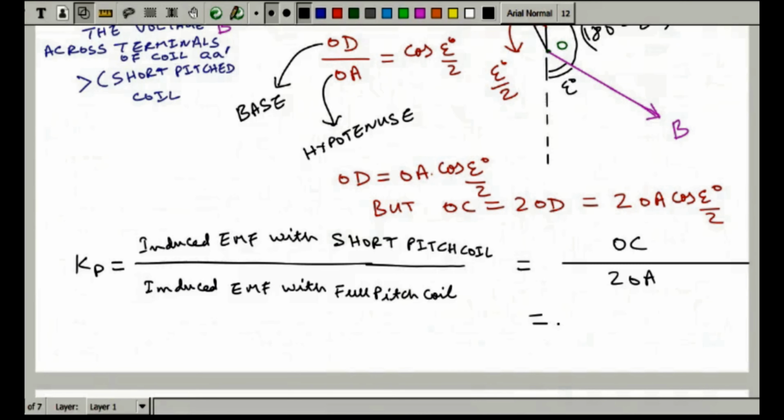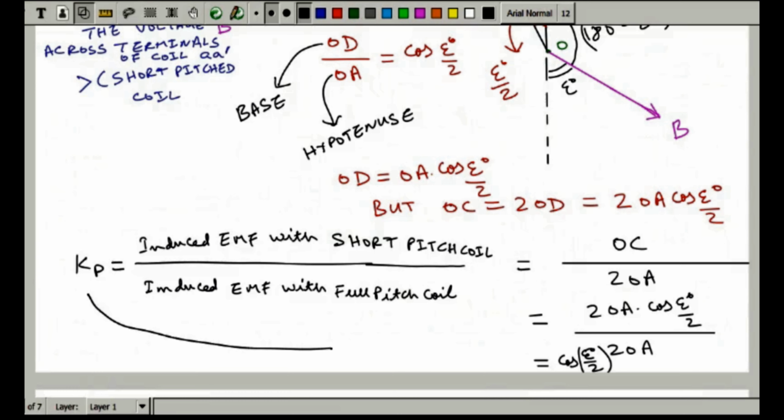But OC is twice of OA into cos epsilon by 2, divided by twice of OA. Now it's anybody's guess: 2 OA will cancel, and it will be cos epsilon by 2. So this expression cos epsilon by 2 is your pitch factor Kp.